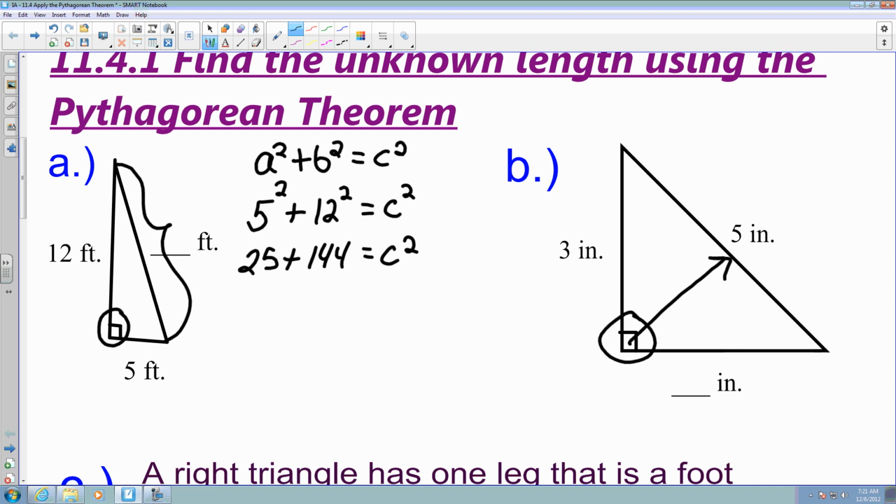So now we just do the math. We go 25 plus 144, which is 169. That equals C squared. And in order to find C, we can take the square root of both sides, and we can write C as 13. And since we have a label, we can write it as 13 feet.